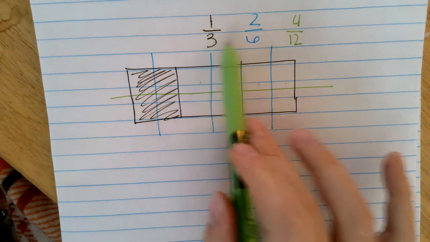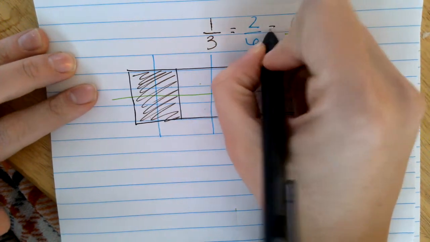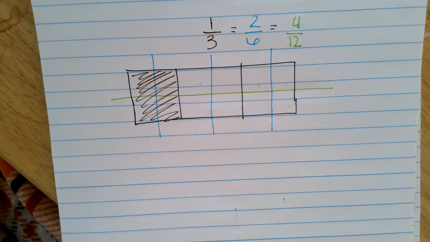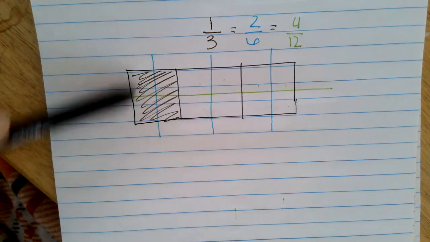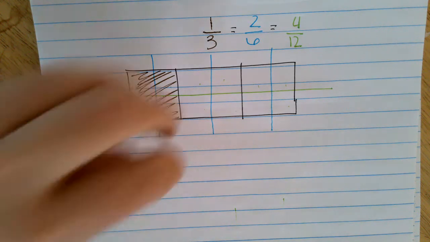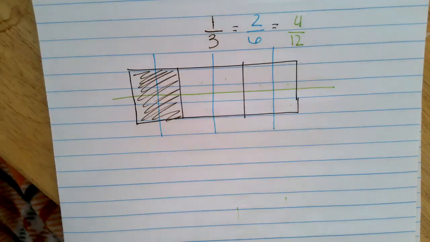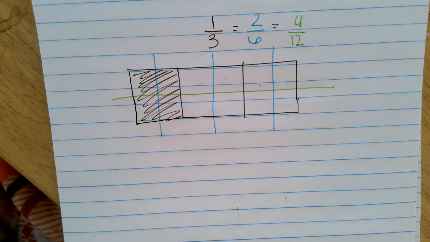Just take a minute and look at these different fractions. All of these fractions are equivalent. They are the same amount of parts of the whole. Same amount of whole. Same amount shaded. Just divided into different parts.